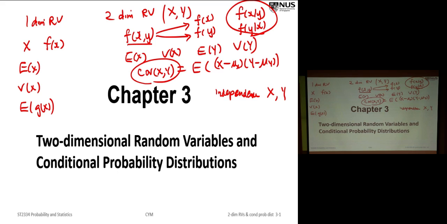Some of you may have never learned about double integration, but basically that's not very crucial in this part. You just do it one by one, just like partial differentiation. You integrate one variable first, treat the other variable as constant, do the integration, and after that, you do the integration again with the other variable.